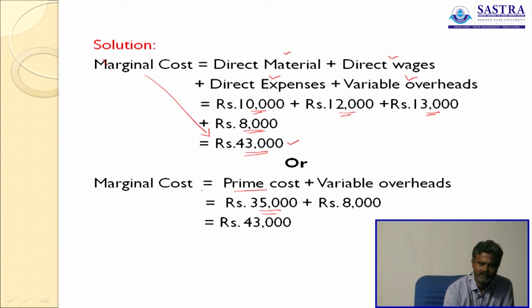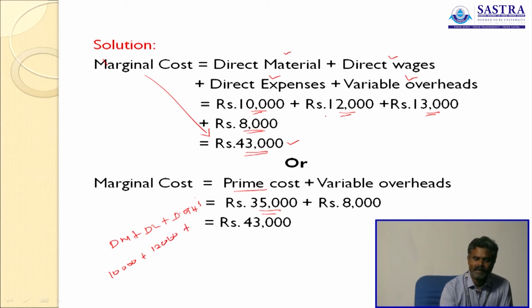Here you take direct material 10,000, direct labor 12,000, direct expenses 13,000.